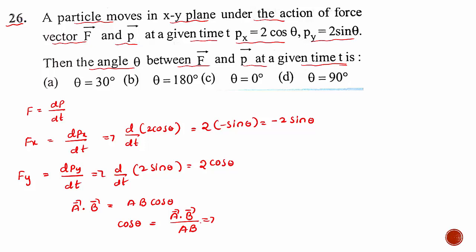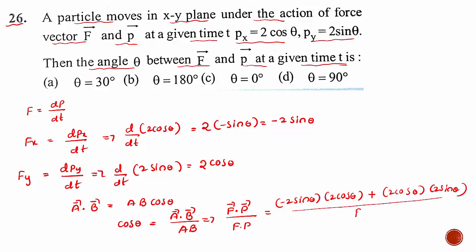Here in place of a and b, I can write F and P. F dot P divided by F into P. So F dot P means we can write their values: F is minus 2 sin theta, P is 2 cos theta, plus the other components, 2 cos theta into 2 sin theta, divided by mod F and P. Calculating this value, we get the answer 0.